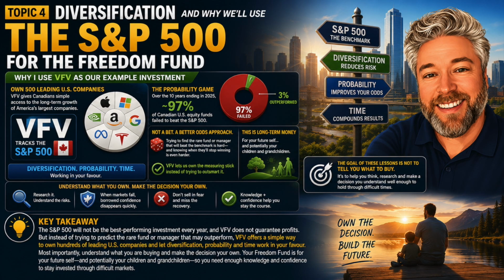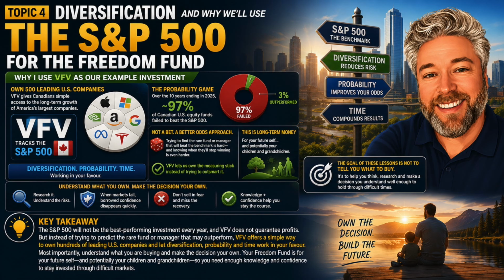Your Freedom Fund is not money for next month. It's money for yourself and potentially your children and your grandchildren. When something is that important, I do not believe we need to gamble on finding the rare manager, the fund or investment strategy that might beat the measuring stick of the S&P.